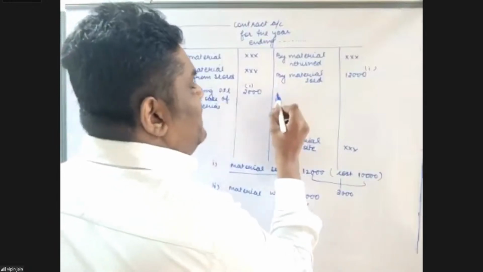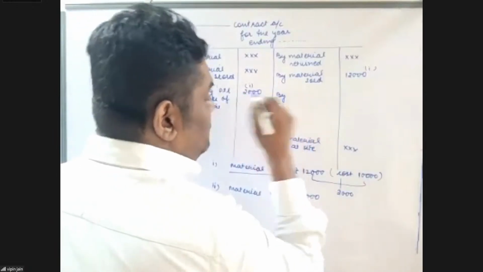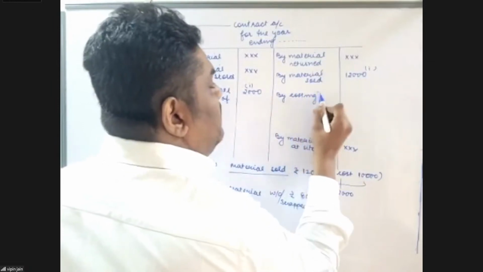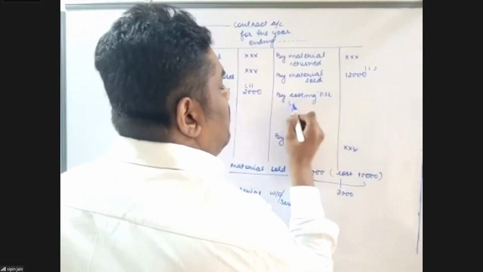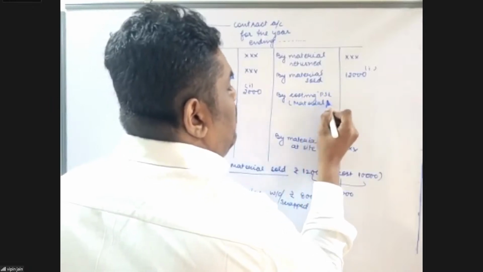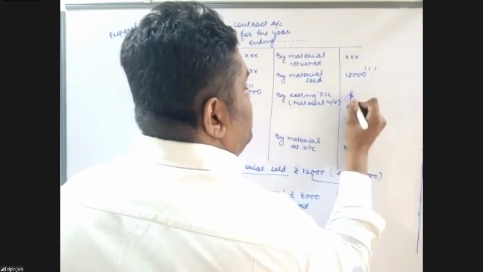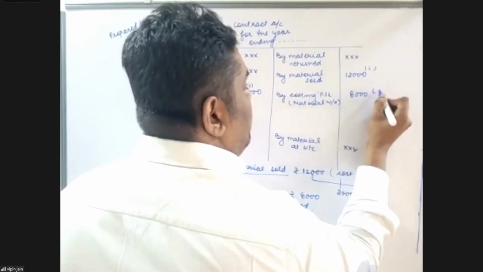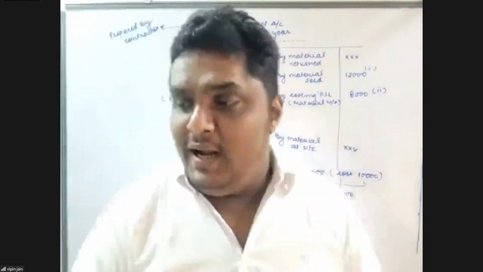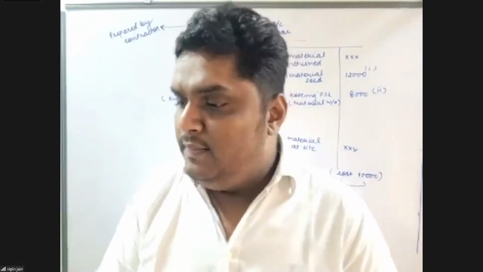So very simple, guys. By costing P&L, material written off 8,000. If you guys have any doubts in this part, you guys can please post your query.